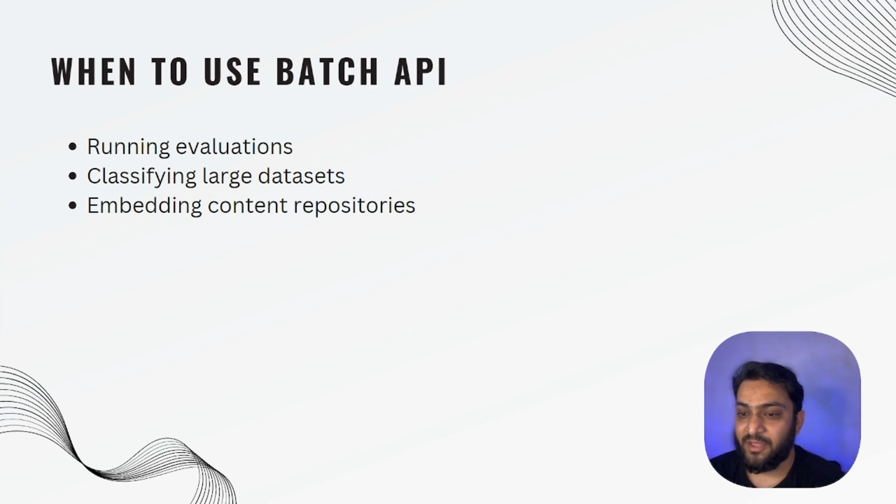Streaming API is something you can use for experimentation, but when you have a large data set of 10,000 or 20,000 items, it's better to go with the batch API. Embedding content repositories: if you want to generate embeddings at large scale, you could go with batch API as well.